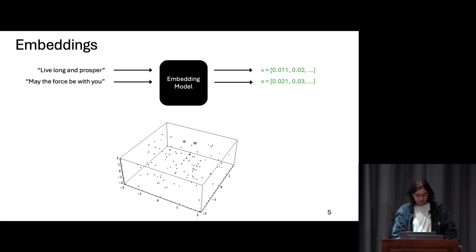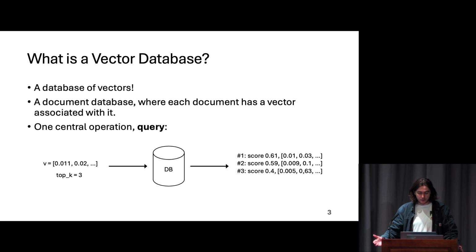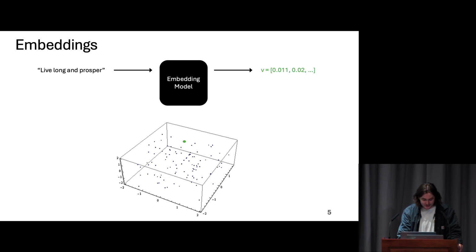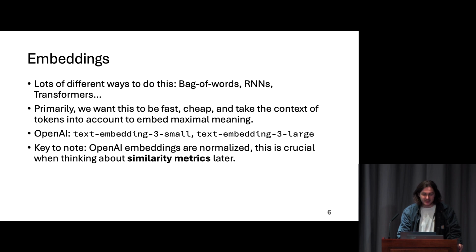Remember that this embedding model is run every single time we query the database, since we need to turn our actual text query into a vector so that we can get the closest vectors. This needs to be fast, it needs to be cheap, because it's run on every single user query. If it's slow and expensive, that's quite annoying. We also want to take context of tokens into account, so bag of words may not be the best option.